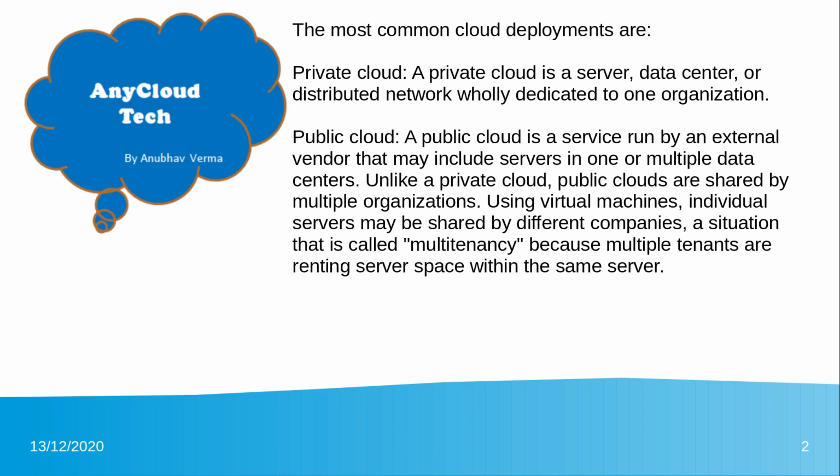Second is the public cloud. A public cloud is a service run by an external vendor that may include one or multiple data centers. As I said, the data center is exposed to the public network, and it is accessible to authorized users using a secure channel.